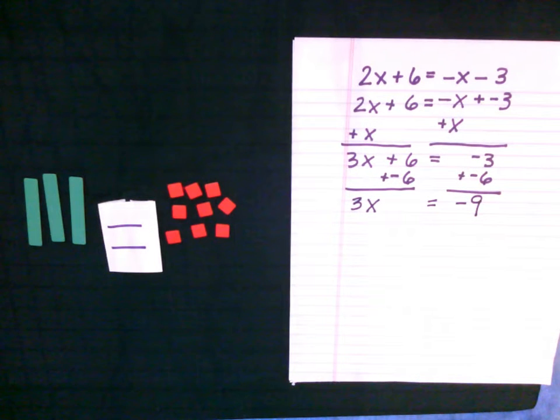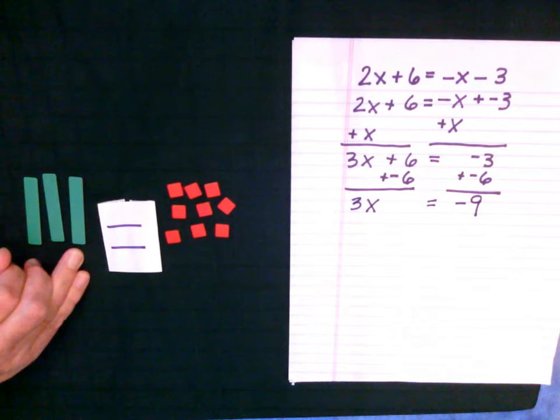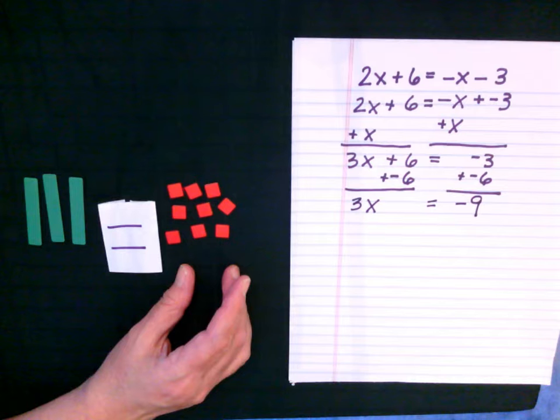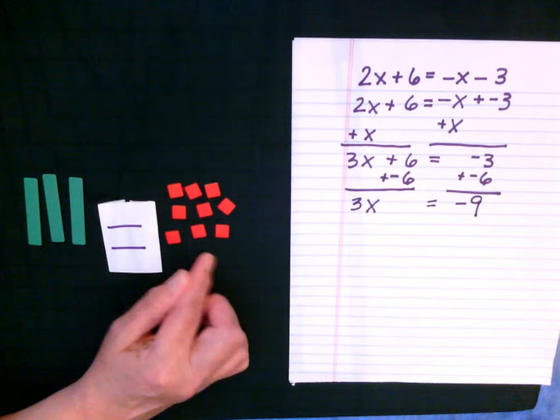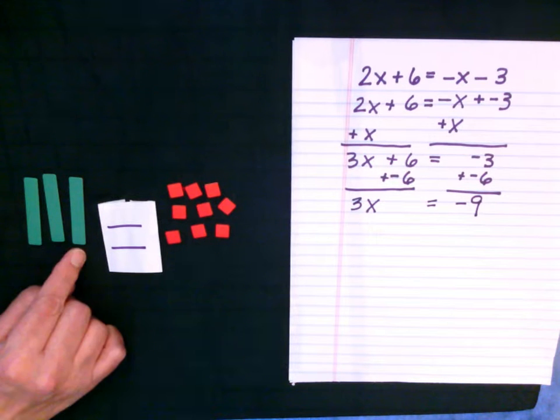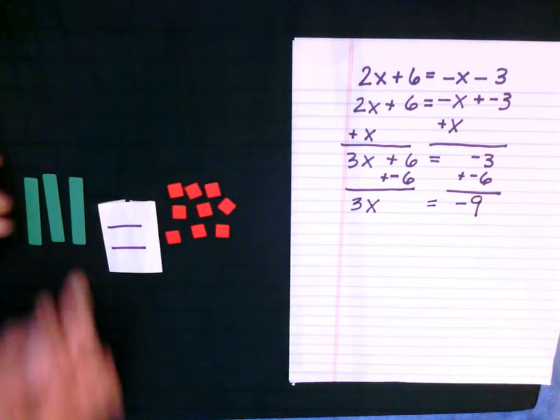Okay, now for my last step, I have 3 copies of my unknown x, and I have a pile of negatives over here. I want to think about the meaning of division. I'd like to know how many of these tiles correspond to just one of the x tiles. So I make 3 equal groups.